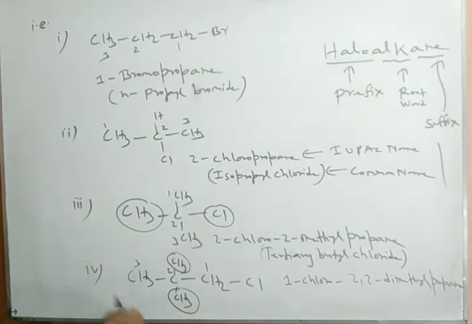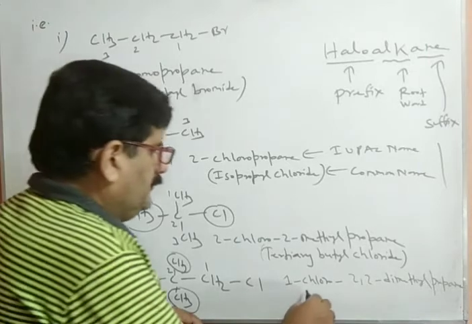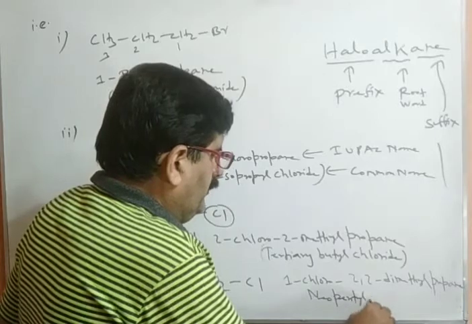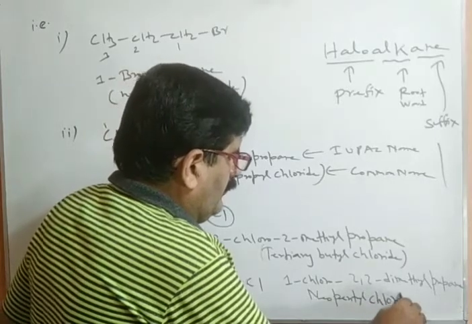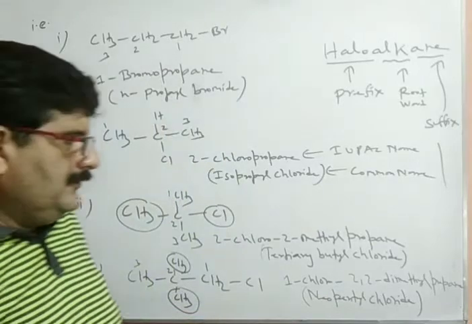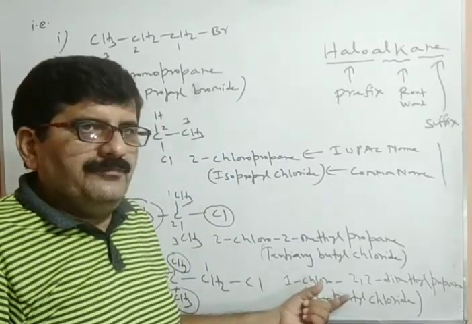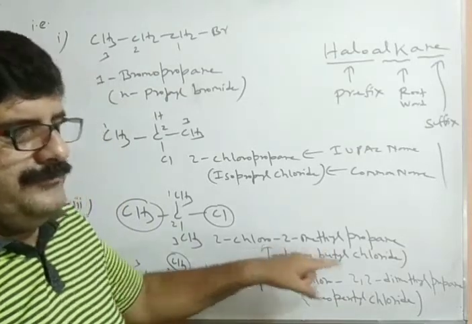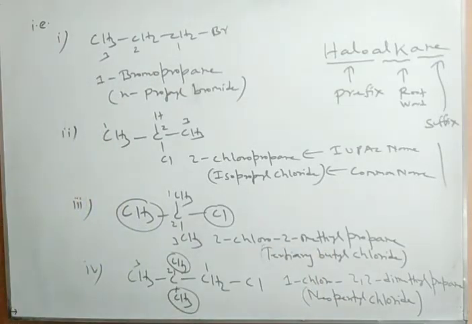This group is said to be neo. You can also write neopentyl chloride. In brackets we write the common name, and the upper name is said to be the IUPAC name.